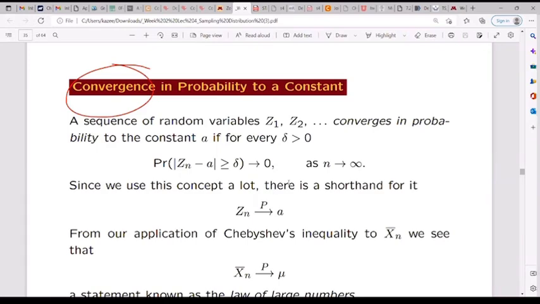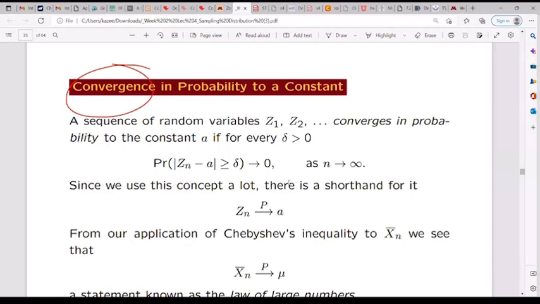Now here, a sequence of random variables Z1 up to Zn converges in probability, because we have different forms of convergence. We could have some that converge in probability, some that converge in distribution, some that converge in quadratic mean and so on. But the convergence that we're talking about now is convergence in probability.